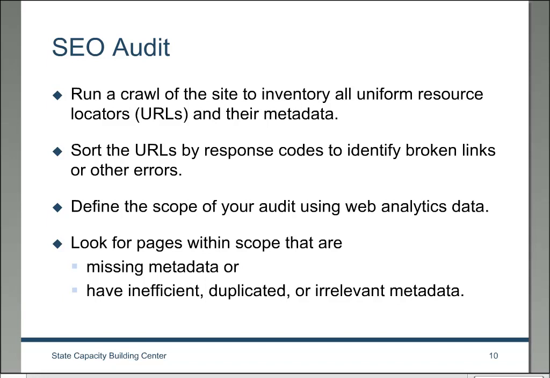So you may want to scope down your audit a little bit by looking at your web analytics data and seeing, oh, you know what, from month to month, we only really have visitors to these top 25 pages. After that, we have very few people who come to the other pages on our website. At that point, you probably don't need to include those other pages that are less relevant to your audience in your audit. And you may even want to look at, can you consolidate or delete some of those pages?